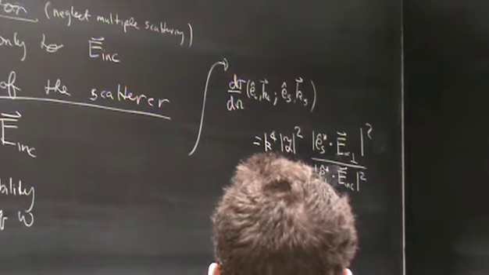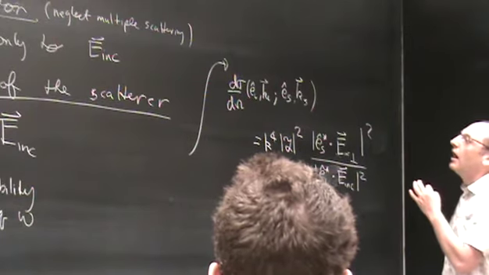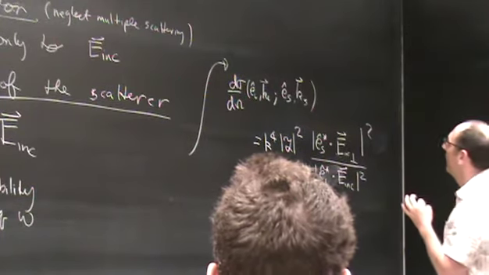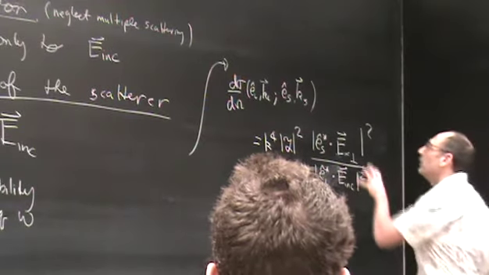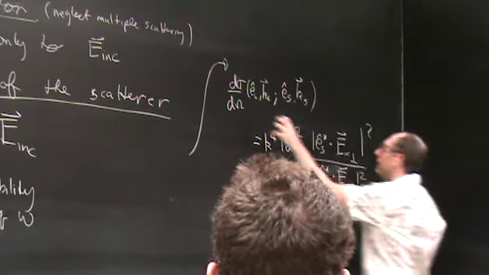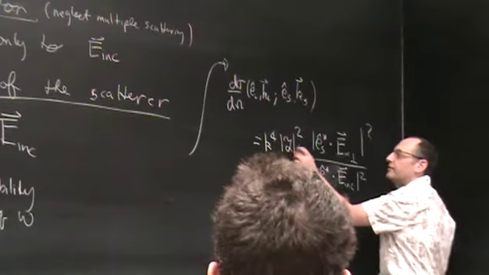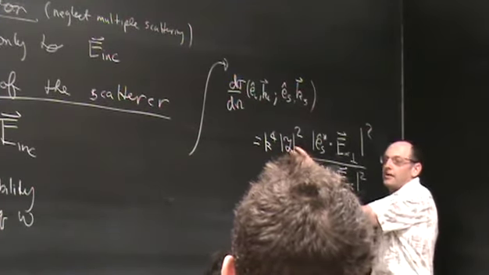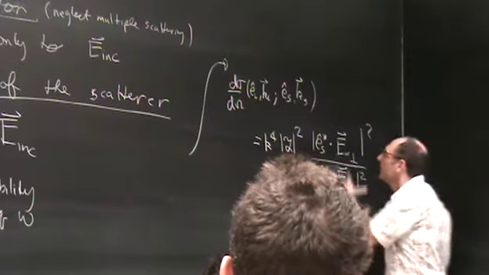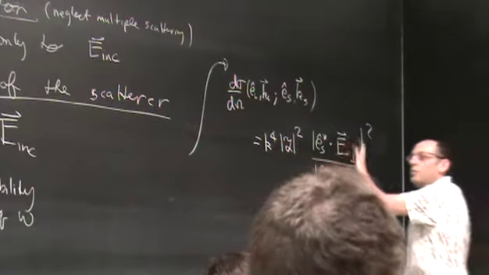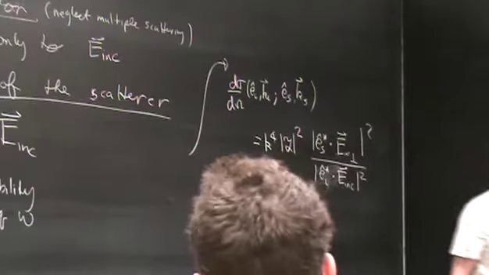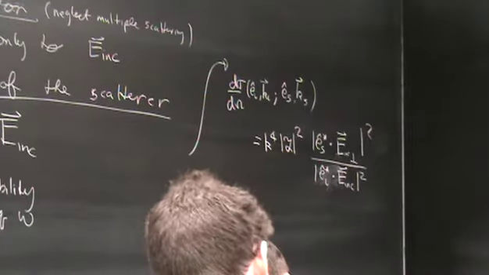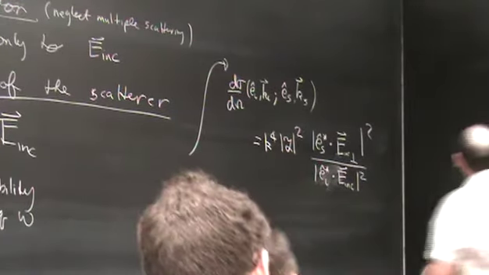Okay. So now we have a dependence of this cross-section. Of course, we're going to look at this for specific cases of what alpha is for some model of our scatterer. But I want to take a look at the moment at this dependence on polarization.